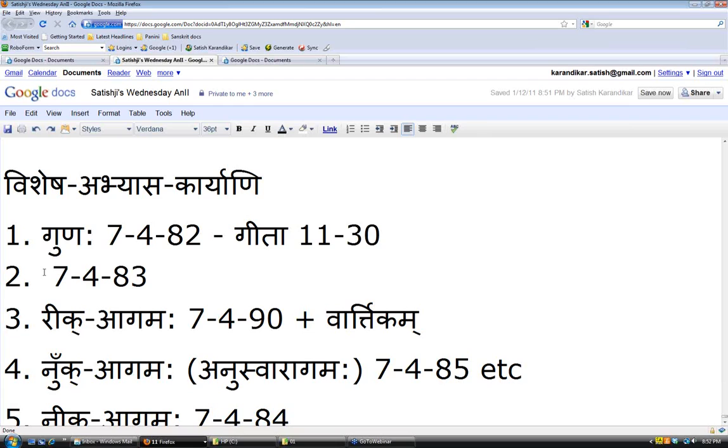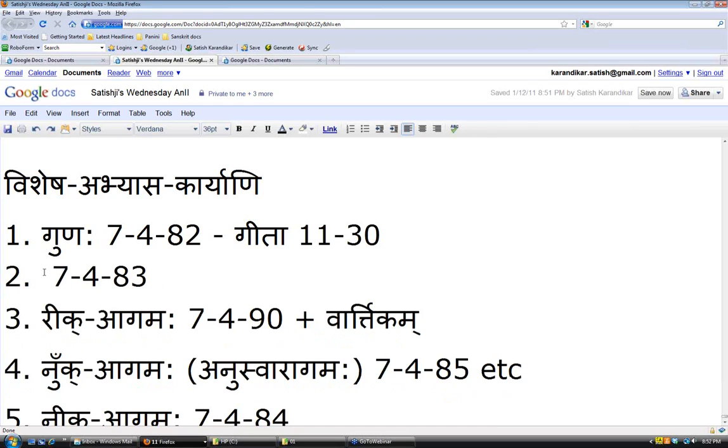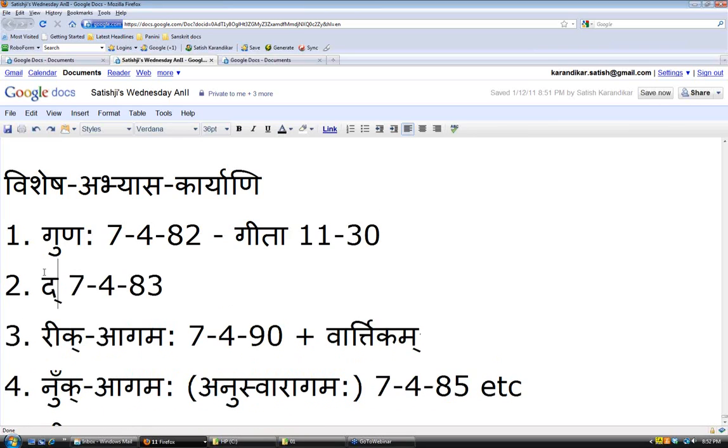Dirgha comes if it's akit, so no kit agama. If kit agama is not there, then you get dirgha. So dirgha by 7483. This one is if you have the ik there in the vyasa, and if there's no kit agama, then you get dirgha.